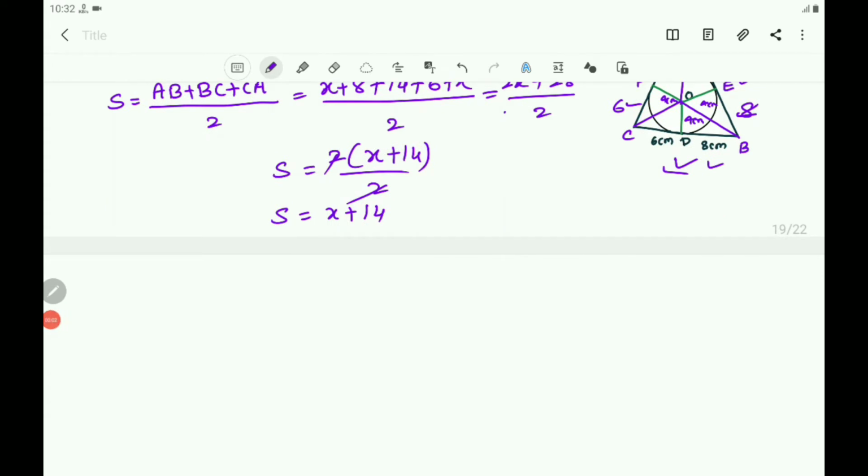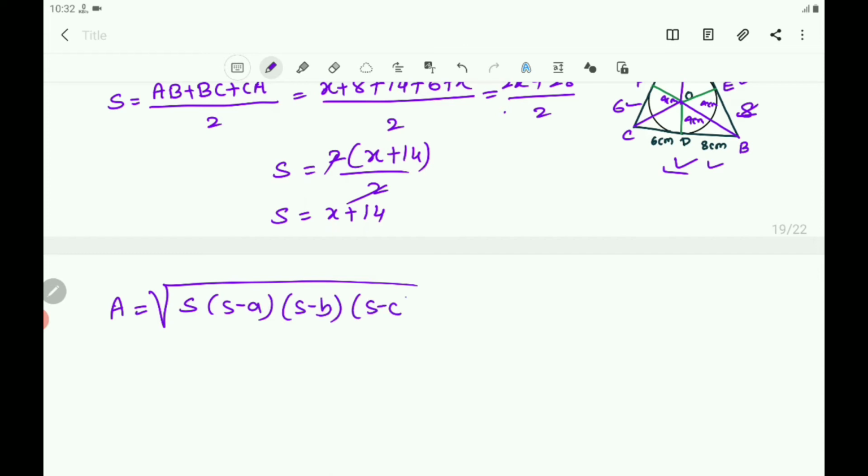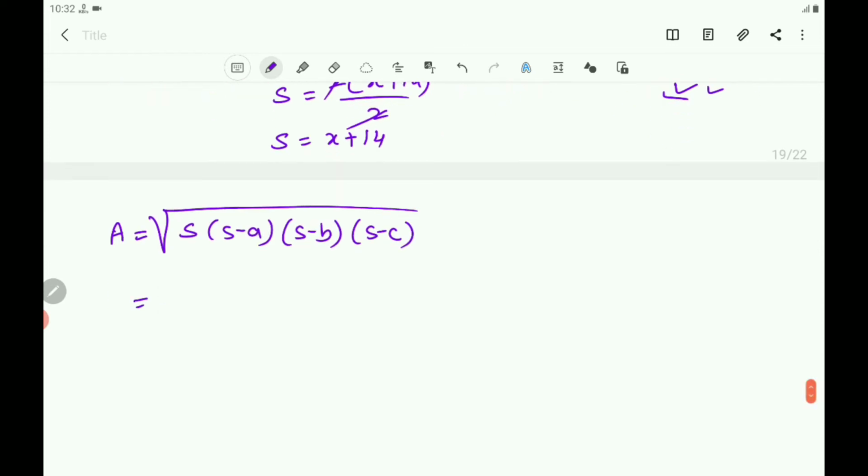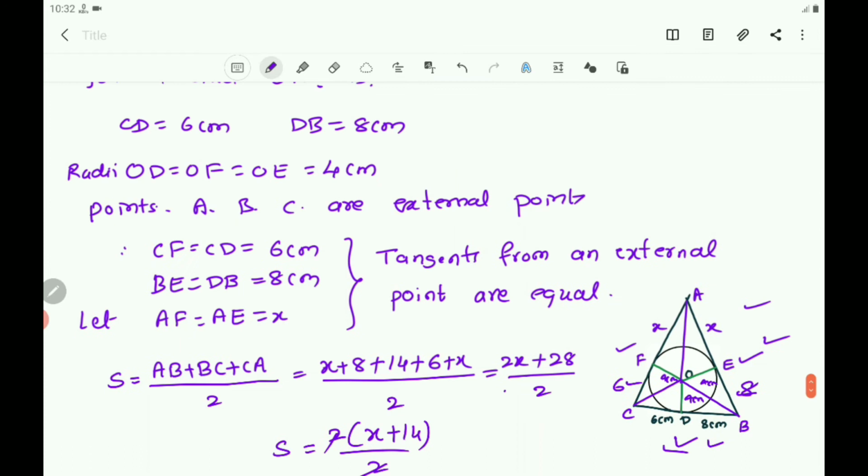Then you write the formula for A, that is the area of the triangle. Write Heron's formula. Heron's formula is S into S minus A into S minus B into S minus C equals S is X plus 14 into S, again here X plus 14, minus A, the length of the first side, that is AB.